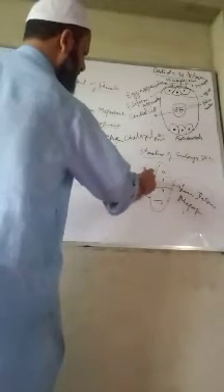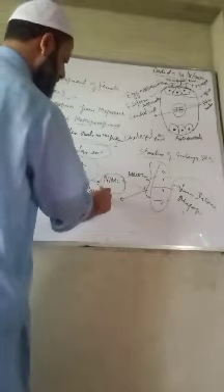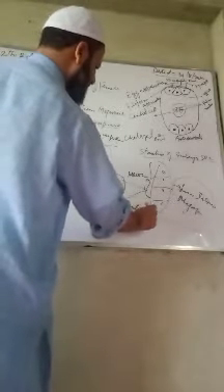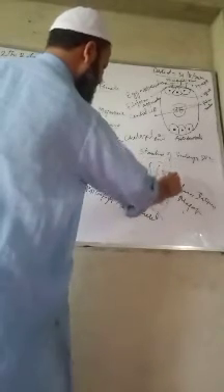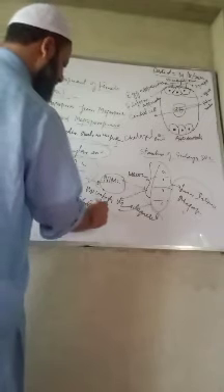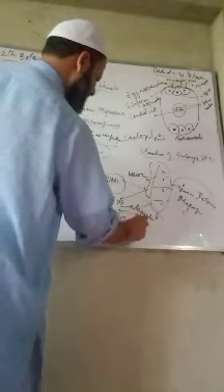From this megaspore tetrad, generally the upper three megaspores, that is the micropylar three megaspores, degenerate. The lower one, that is the chalazal one, only the chalazal one, remains functional.